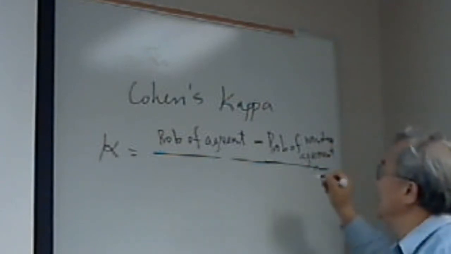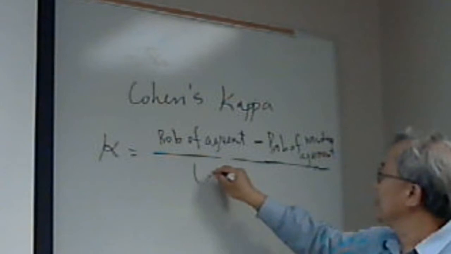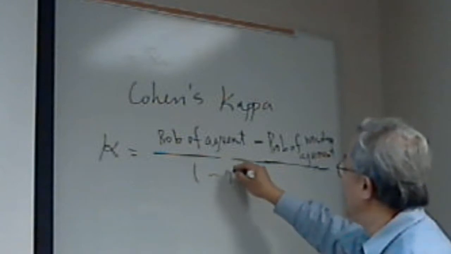Roughly like this. Here, this is probability of agreement minus probability of random agreement. So you extract the components where agreement happens randomly. Just extract that part. The rest will be the actual agreement between these two groups, over 1 minus the probability of random agreement.